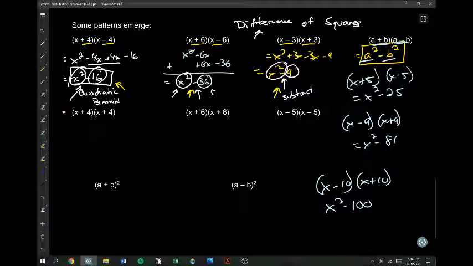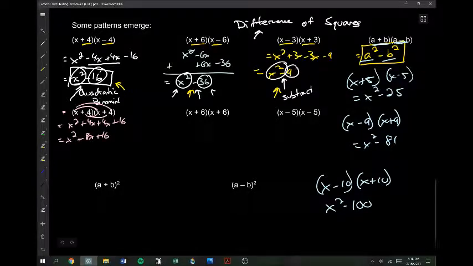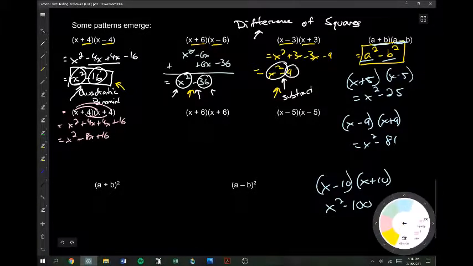Watch what happens here. This is x plus 4 times x plus 4. This becomes x squared plus 4x plus 4x plus 16, which is x squared plus 8x plus 16. I'll do a couple more and see if you can see what the pattern is. x squared plus 6x plus 6x plus 36.